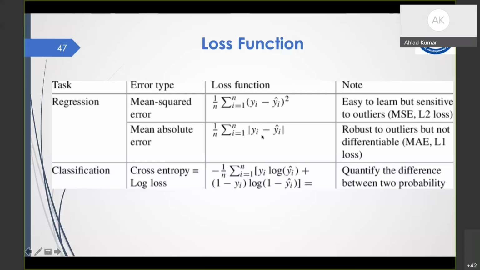So sometimes we do use L1 loss here, to make the boundary coming from the neural network more robust.